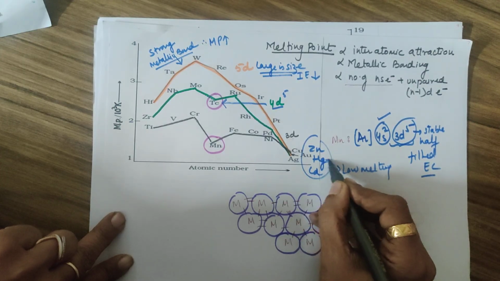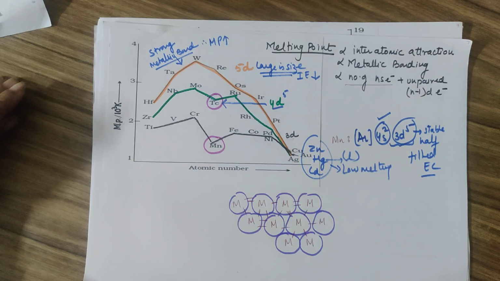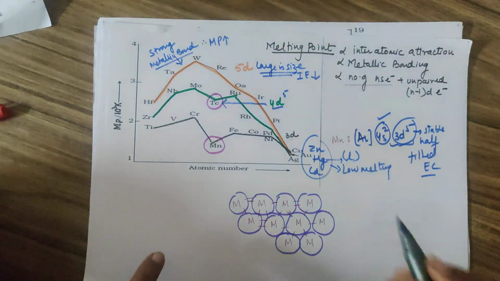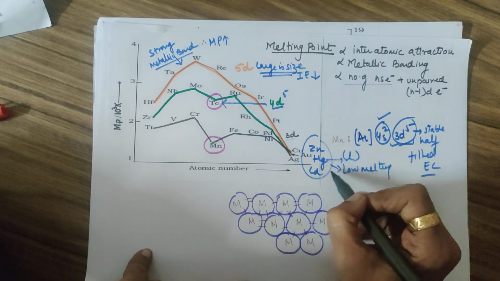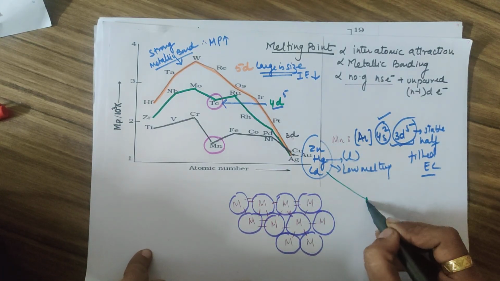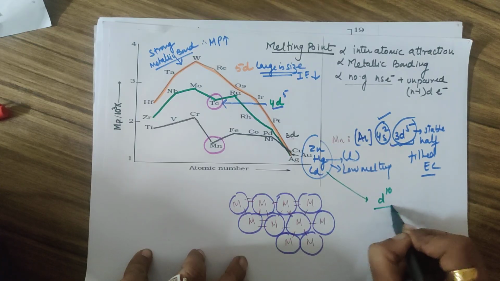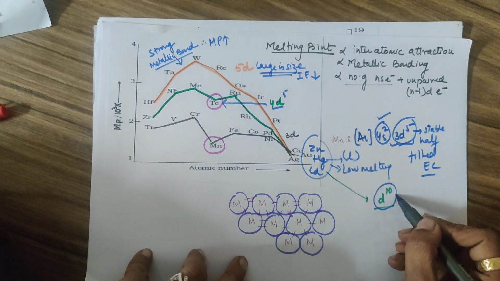In fact, mercury is a liquid. And what could be the reason for it? Why is mercury a liquid? Mercury is a liquid because of weak metallic bond. Now all these 3, that is the last members of the series, all of them would have d10. Since they have a d10 configuration, they will not participate in bonding.